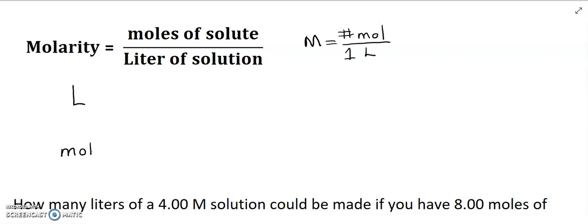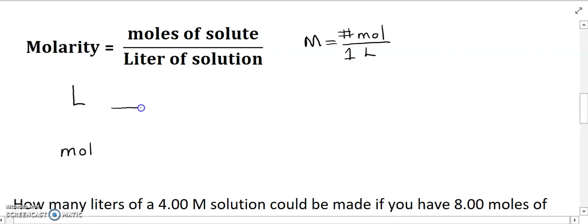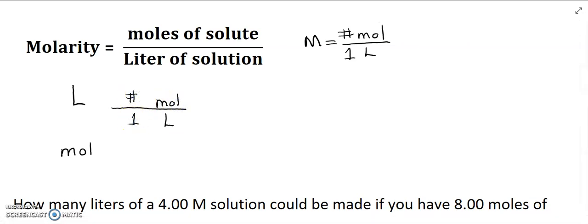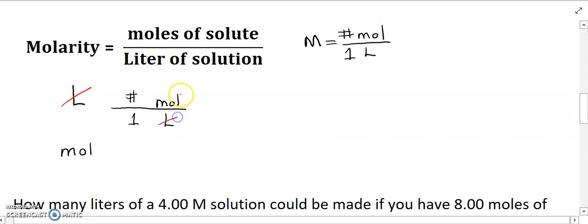If I use molarity as a conversion factor, as moles per liter, it works much easier, because if I'm doing a calculation and I want to get rid of liters, and molarity is moles per liter, I'm going to have some number of moles per 1 liter, and that's going to allow my liters to cancel out and leave me able to calculate for moles.